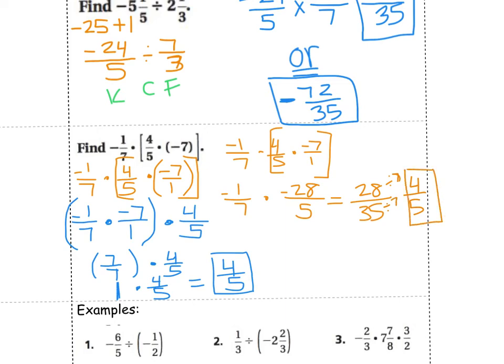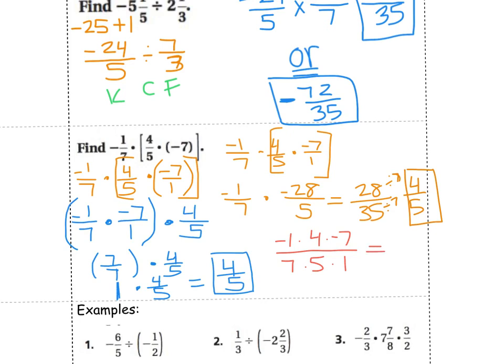Or if you decided to say, well, I'm just going to erase the brackets and just multiply straight across, then down here your fraction would look like -1 times 4 times -7 all over 7 times 5 times 1.